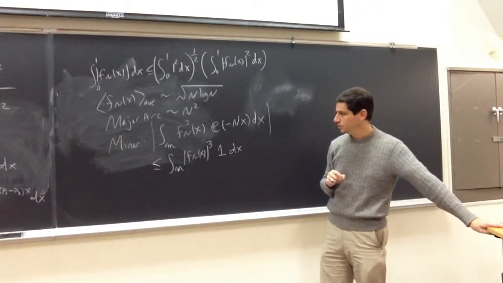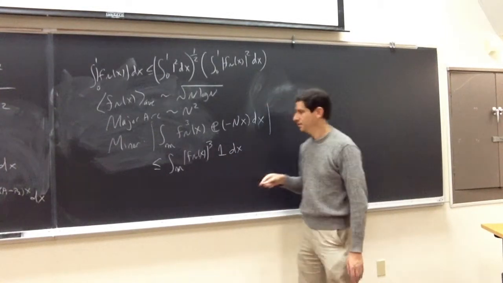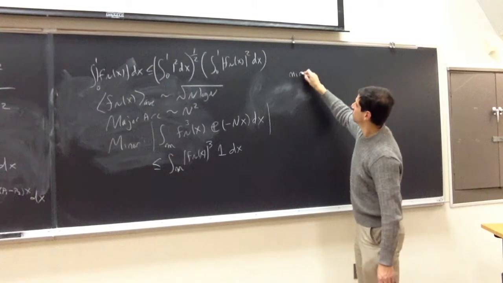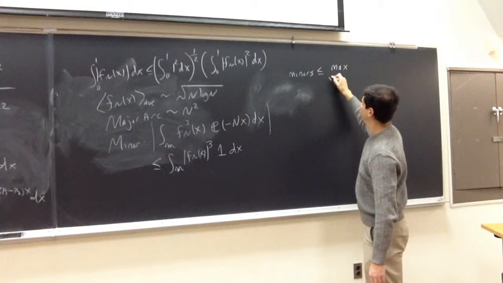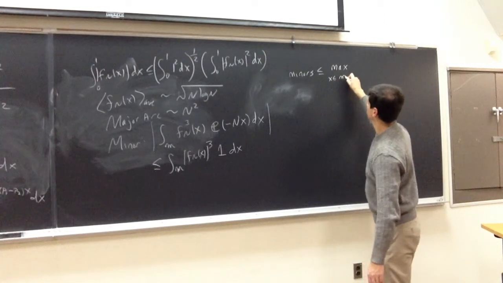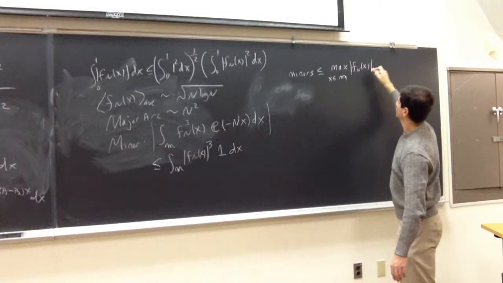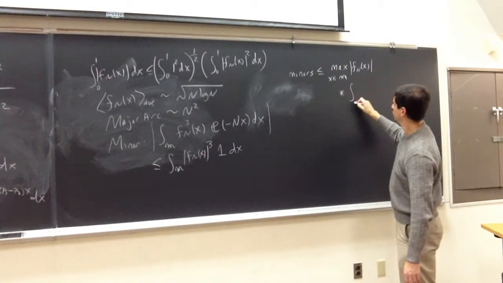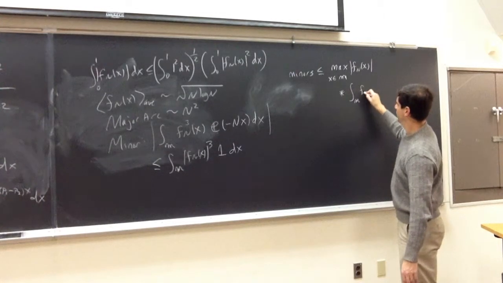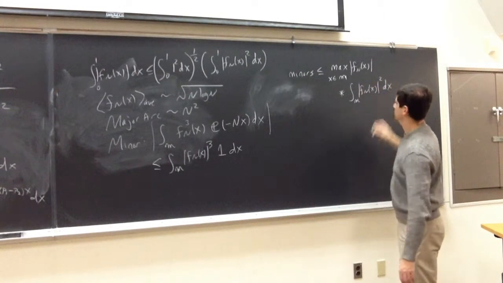One thing we could do is pull out the largest value over here and say the minor arcs contribute less than or equal to the maximum over all x in the minor arcs of f_n of x, times the integral over the minor arcs of f_n of x squared dx.